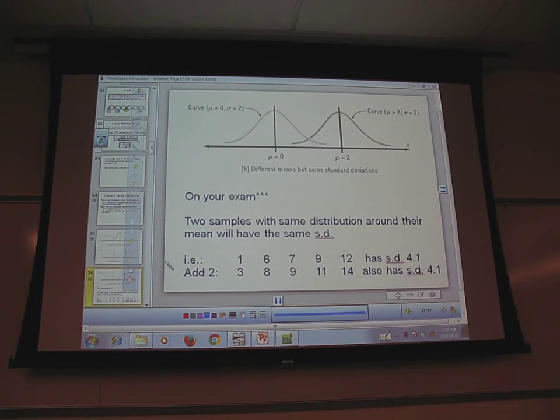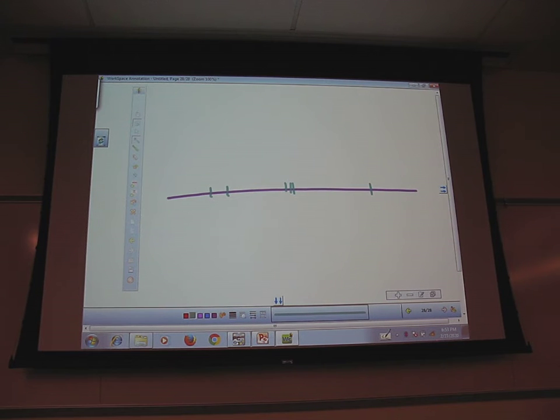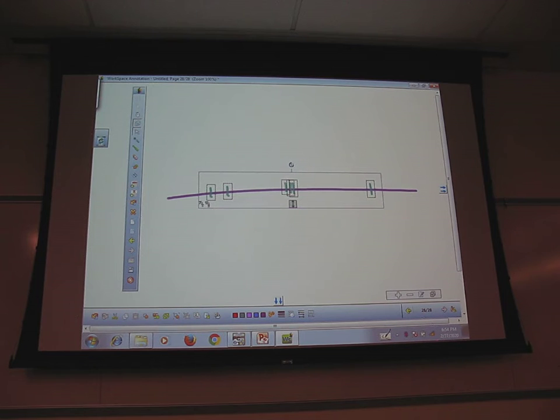Here's another visual if you want another visual. Here is a number line. I'm just going to put a bunch of numbers on there. Okay, I take these numbers and I move them this way.